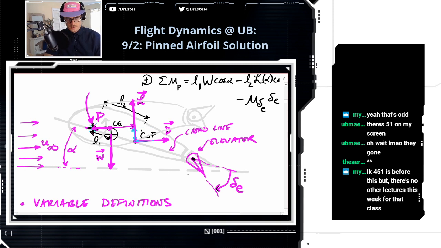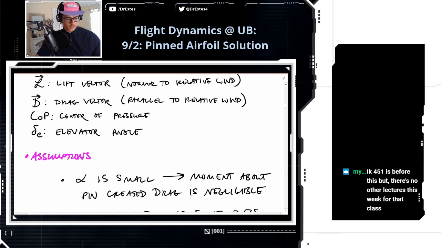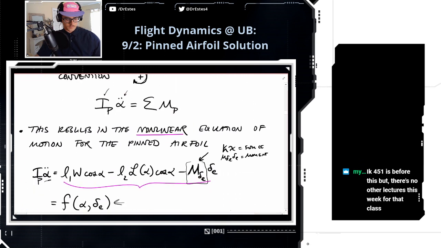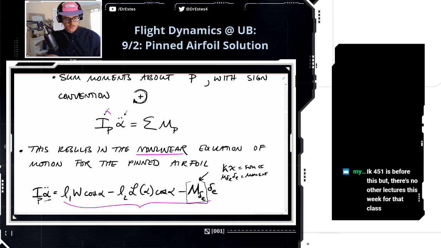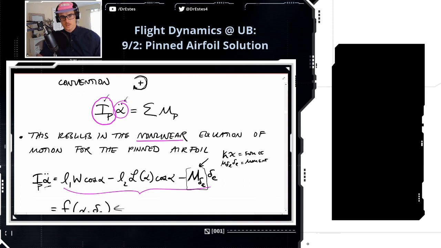And we were also considering the moment that's caused by this elevator at the back, and depending on the angle that it's at, that'll change the moment that that element produces. Okay, so we went through Newton's second law, which is basically if you take the moment of inertia about that pin joint P, the moment of inertia times the angular acceleration should be equal to the sum of moments. So we just added those up.